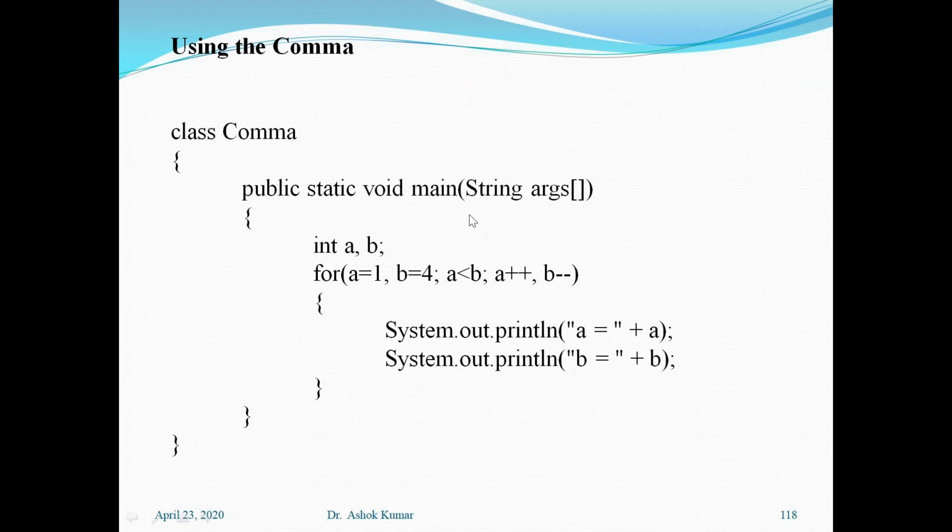So the crux of this slide is you can use multiple initialization expressions, and you have to separate all those expressions with commas. And similarly, in the increment decrement part, you can use multiple expressions, and all those expressions must also be separated by commas.